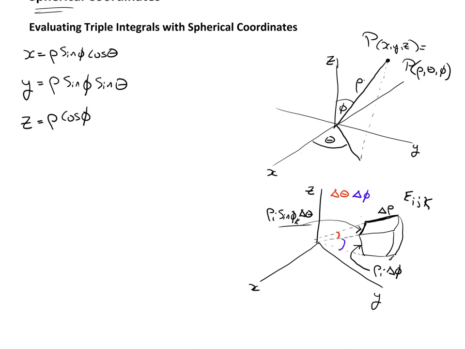So if I look at the ijkth sub wedge E_ijk, it's approximately a rectangle in 3 dimensions.